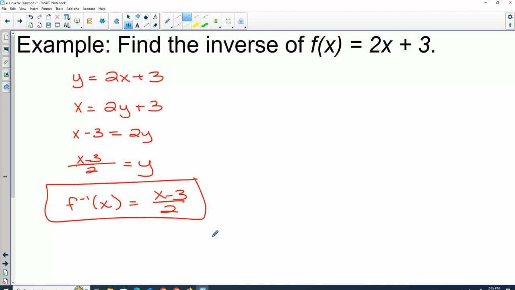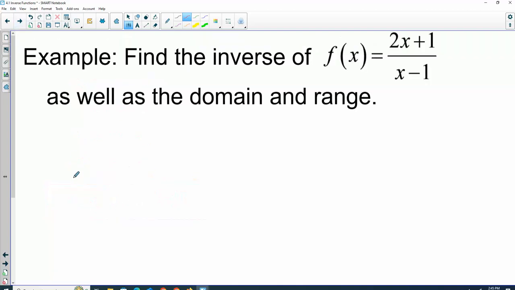Any questions on that? Let's do this one. We're also going to do domain and range on this one. So first step. Instead of f of x, we write y. Okay.